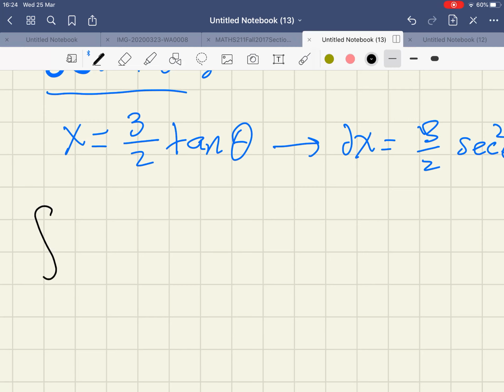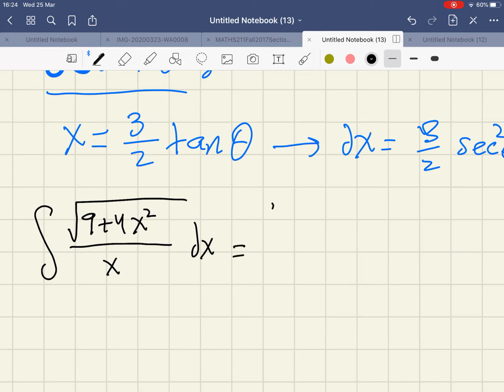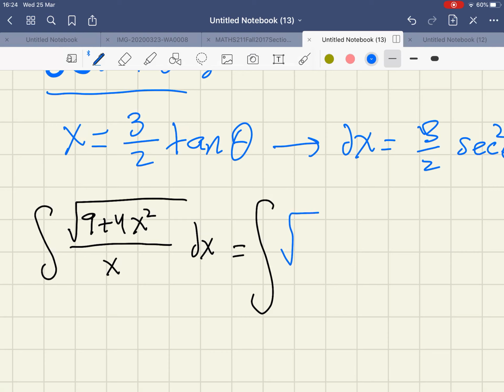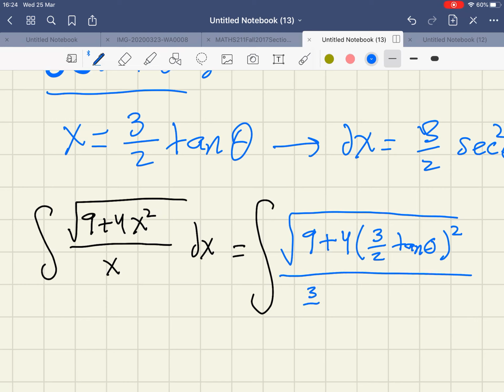The original question was this: square root of 9 plus 4x squared over x dx. And this will be now square root of 9 plus 4, we open this bracket and we write 3 over 2 tan theta, over 3 over 2 tan theta.